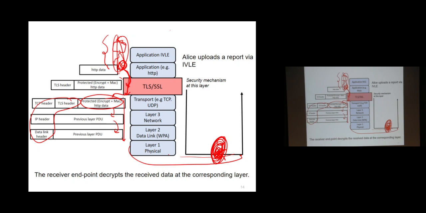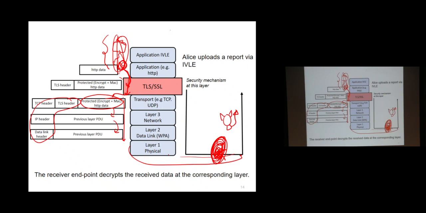Now the question is this: Alice, using Luminus, submitted her report. Was this evil cafe owner able to get Alice's report? The answer is no. How do we see that?